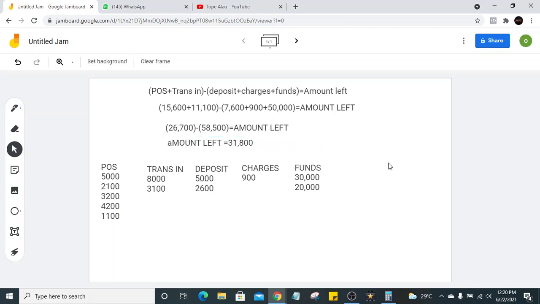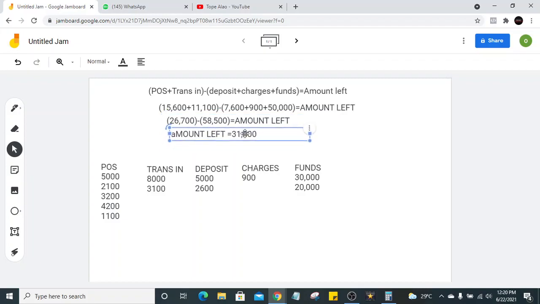Now, let's say the employee spent maybe 200 naira for something, or she has expenses, you can just remove the amount from this 31,800. So if it's 200 naira, she's supposed to be left with 31,600 naira. So basically that's how to balance your daily accounts.